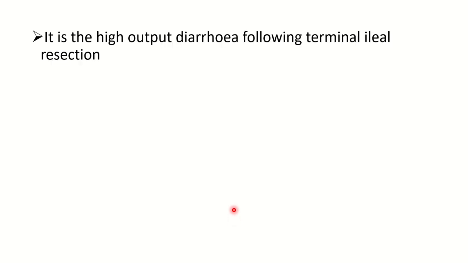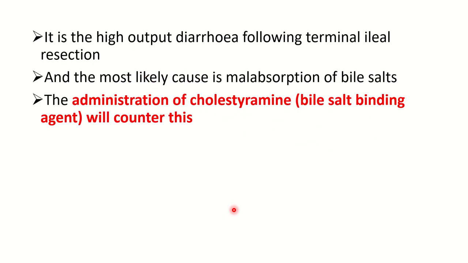And in this condition, high output diarrhea may develop. This mostly is caused by malabsorption of the bile salt, and this bile salt present within the gastrointestinal system is very toxic for our body, so it causes irritation, inflammation in the gastrointestinal tract, and causes diarrhea. The administration of cholestyramine, which is a bile salt binding agent, will counter this.